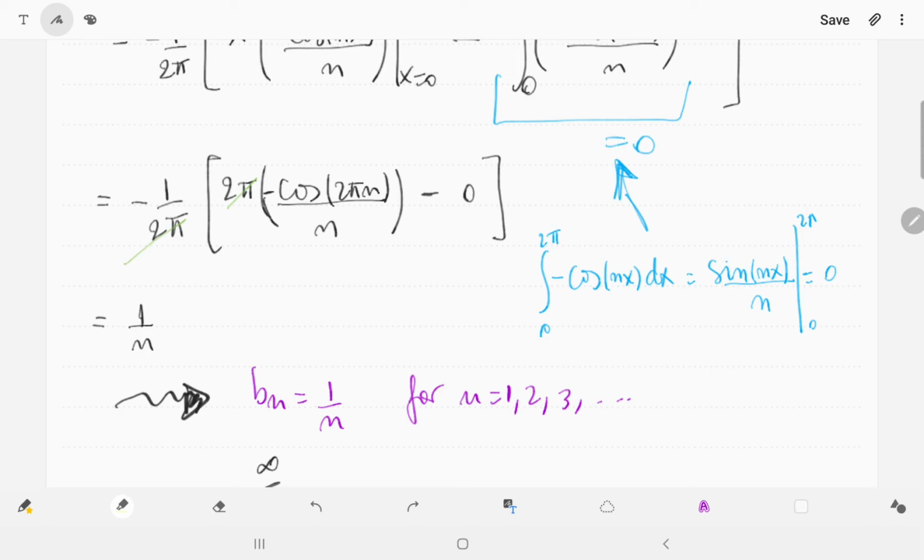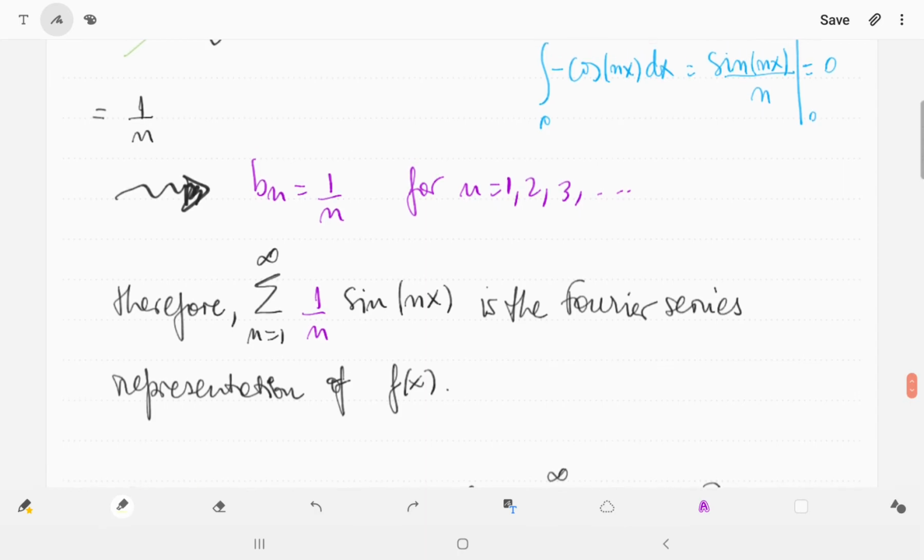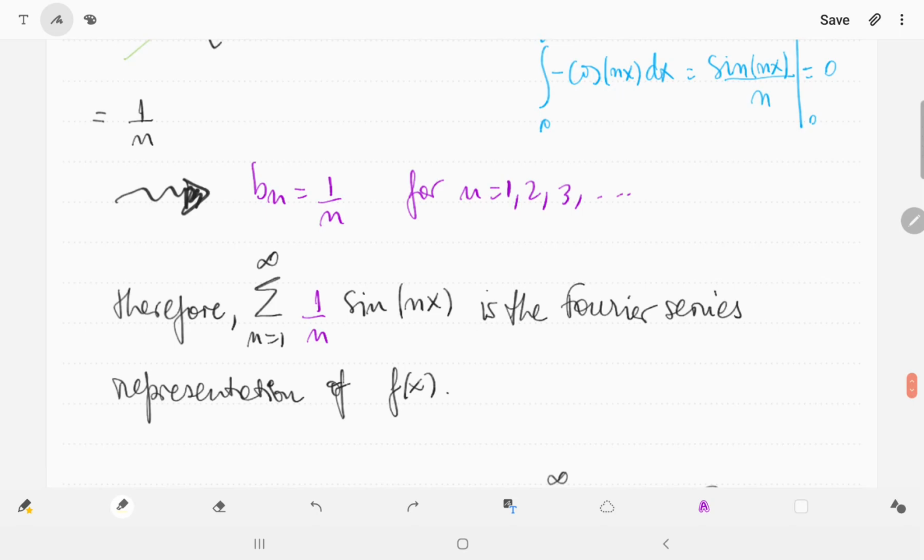Gathering all the information that we have, our f can be written as the series from n equal to 1 to infinity of 1 over n sine of nx. This is the Fourier series representation of our function f of x. And that's how we compute the Fourier coefficients of the Fourier series representation of a periodic function f.